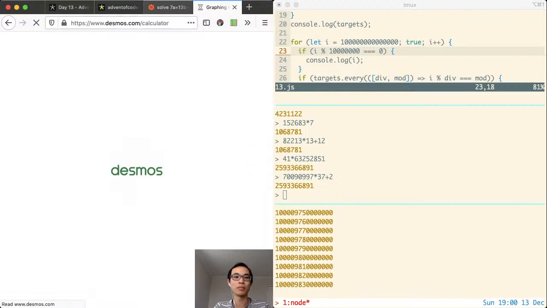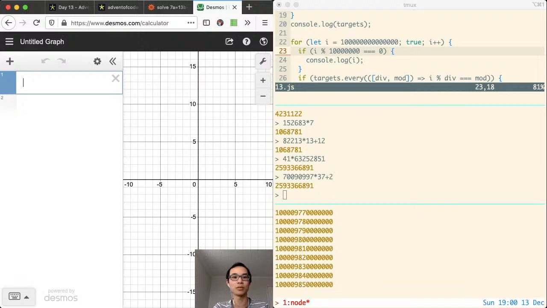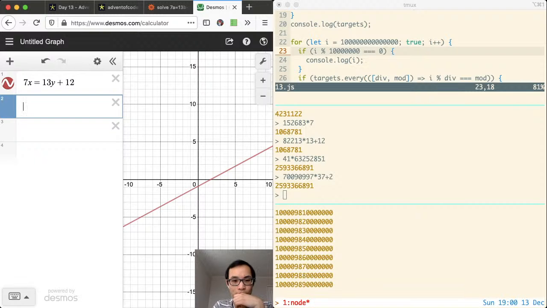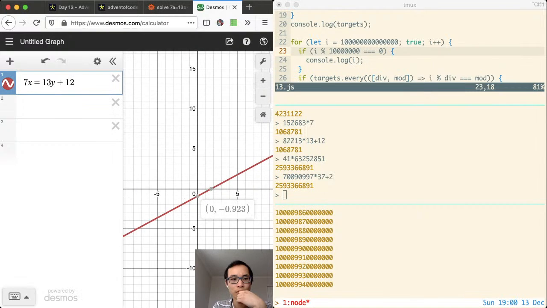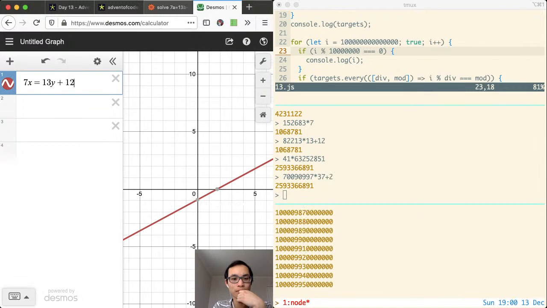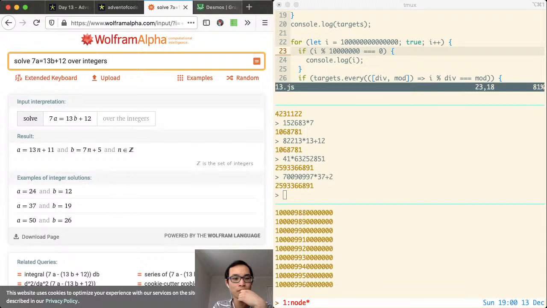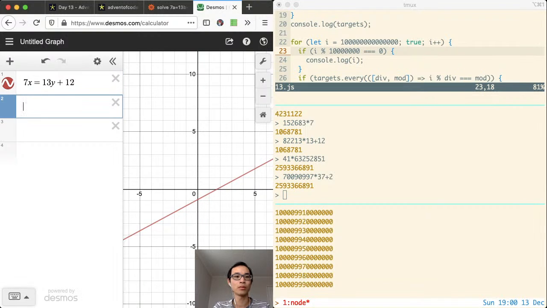Maybe it's the y-intercept and x-intercept. What happens at 13n plus 11?